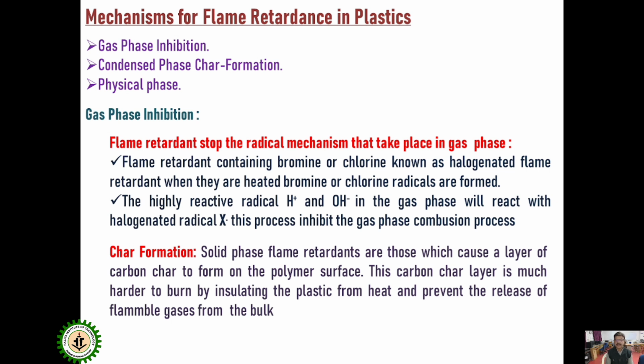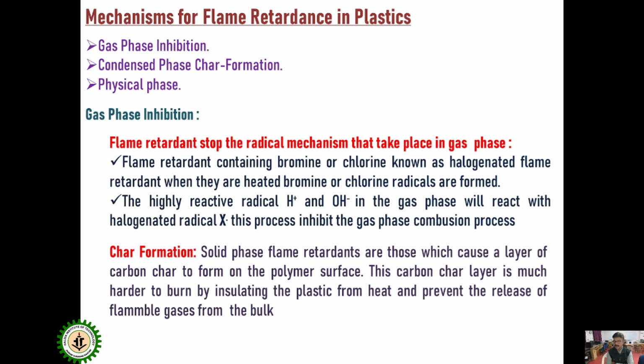Gas phase inhibition, we have seen, is where the flame retardant stops the radical mechanism that takes place in the gas phase. The solid phase flame retardants are those which cause a layer of carbon char to form on the polymer surface.